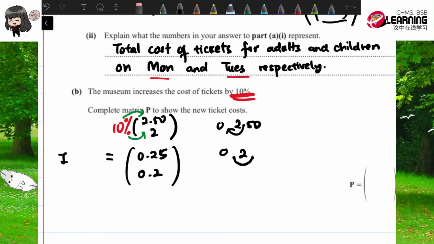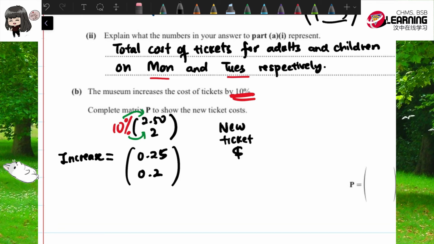Okay, this is the increase. Increased price only, not yet the new price. 10% is actually easy to find, just move the decimal place. So what is the new price? New ticket cost.